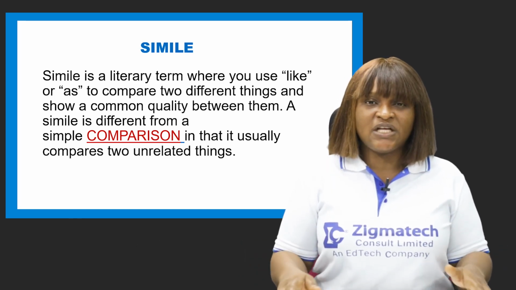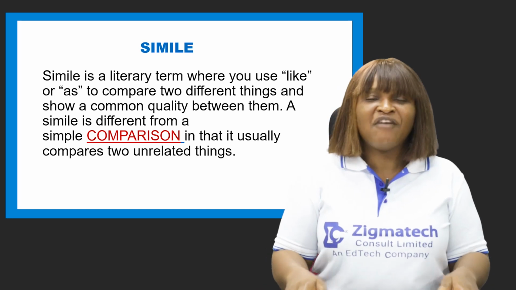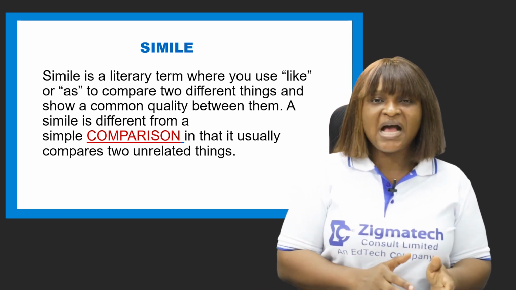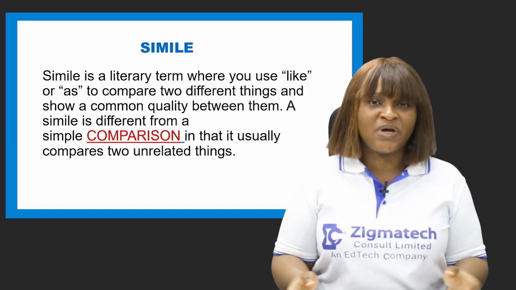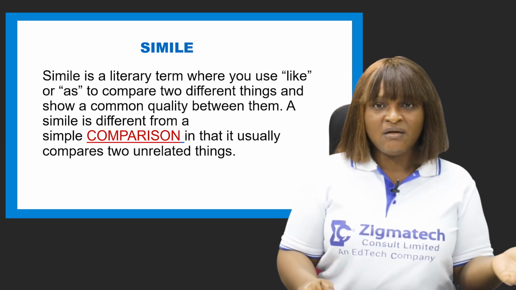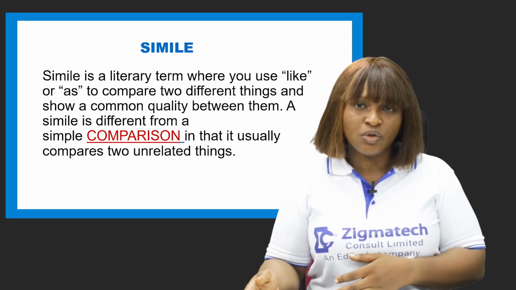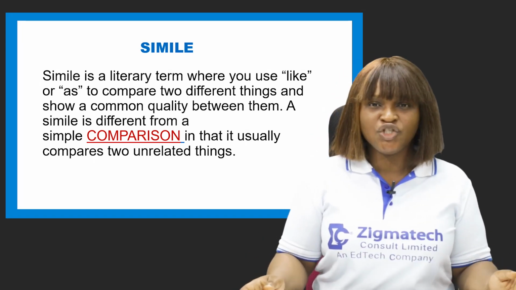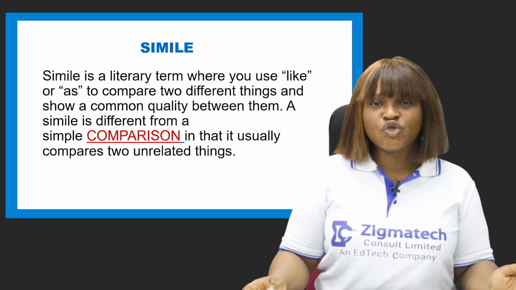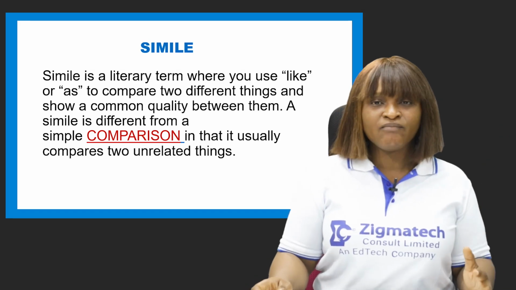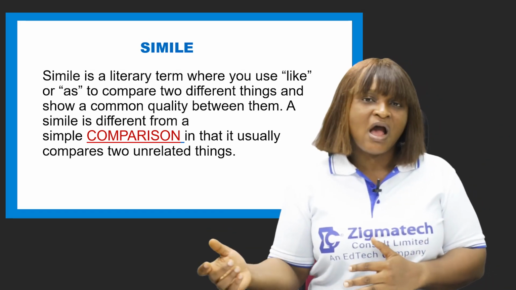So when we say she's as beautiful as an angel, we have made use of the figure of speech called simile because we have used as and like to compare 2 persons. We are saying that Sharon is as beautiful as an angel. So you see that Sharon is not an angel, but it's possible that at some point, seeing Sharon, her beauty speaks more like that of an angel.